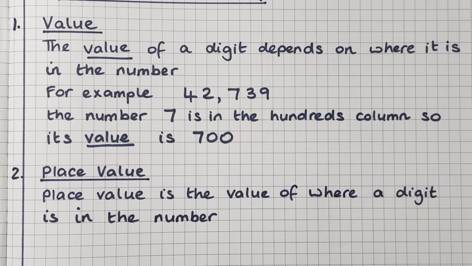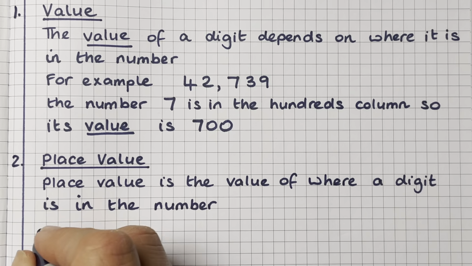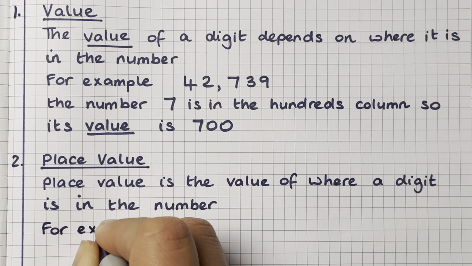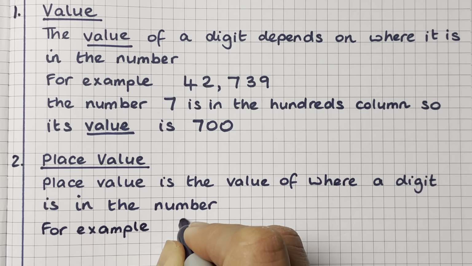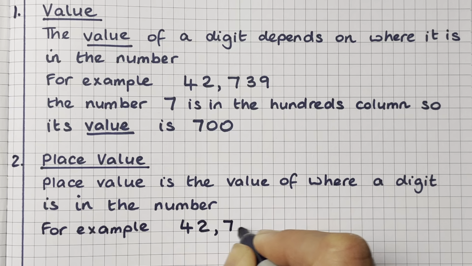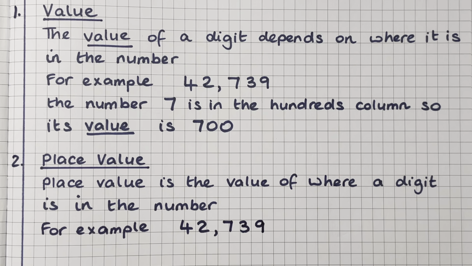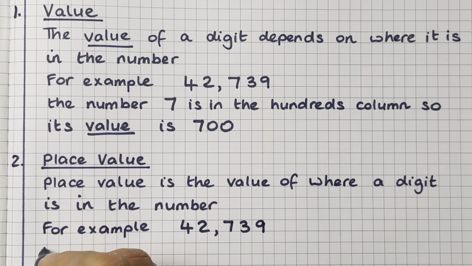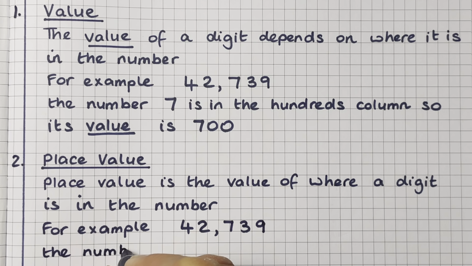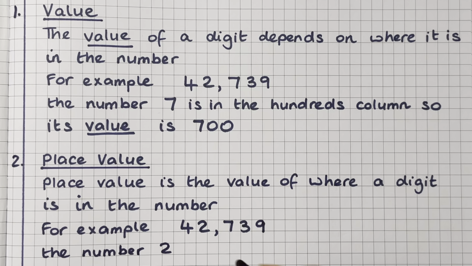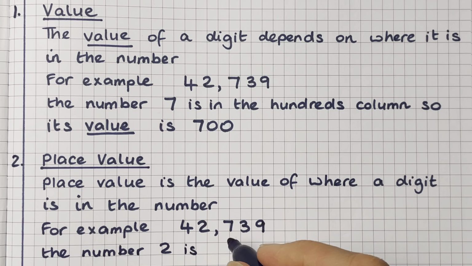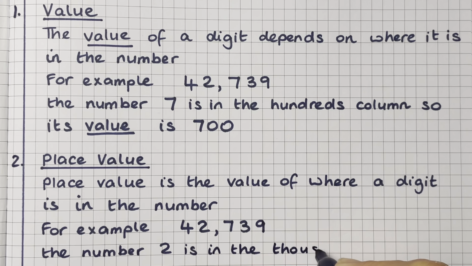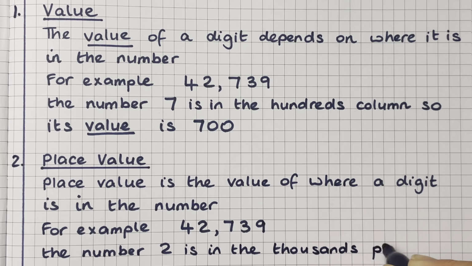So let's look at the same number again. So we're going to use the same number, 42,739. Okay, let's look at the number 2 this time. So the number 2 is in the thousands place.